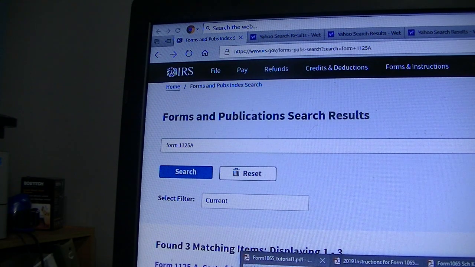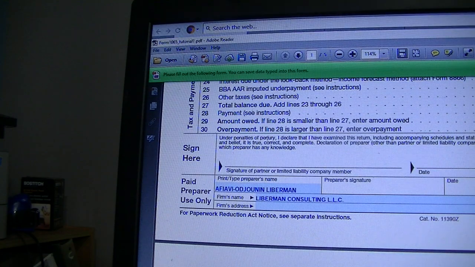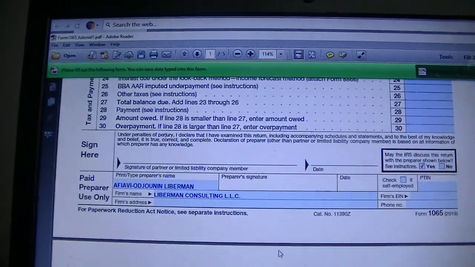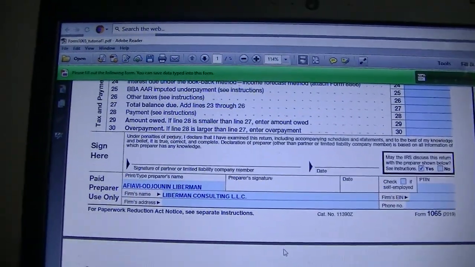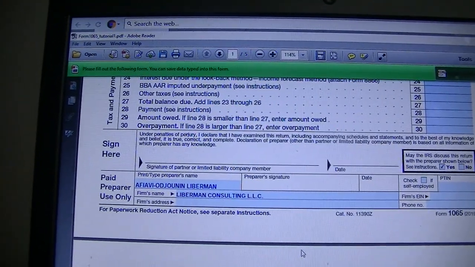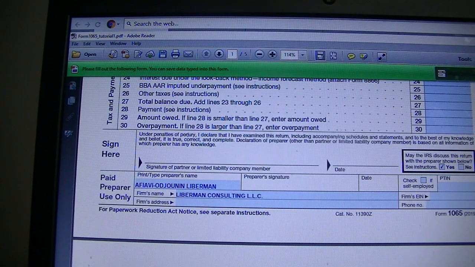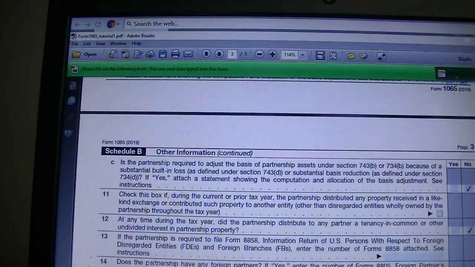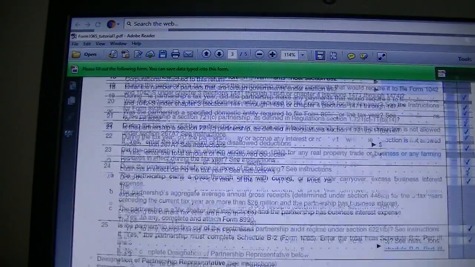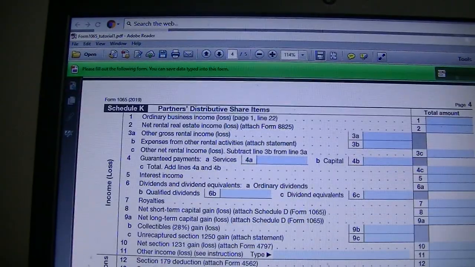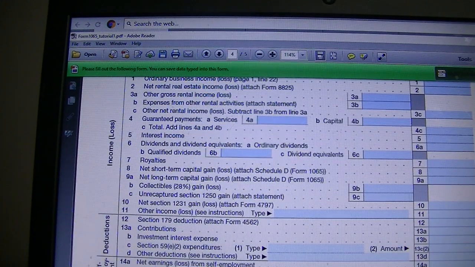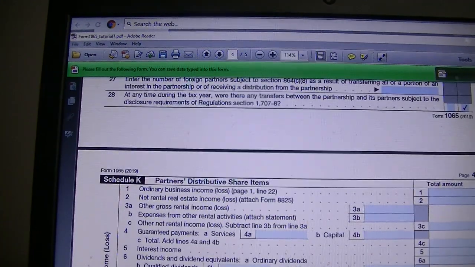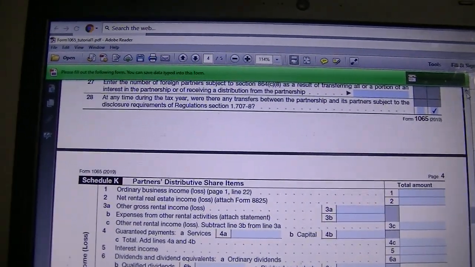Let's look for our schedule. I believe that's this one. So we work on our page 1, our schedule B, and our schedule K. We need to fill it up with information from page 1.